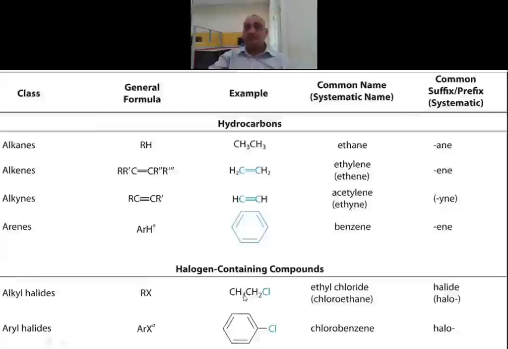For example, we have here ethyl chloride. Simply, we replace one of the hydrogen by one halogen element. For instance, here by chloride, the name of the compound is called ethyl chloride.